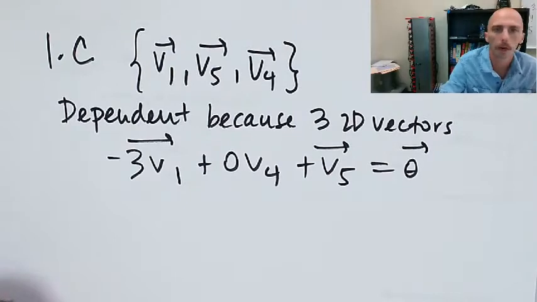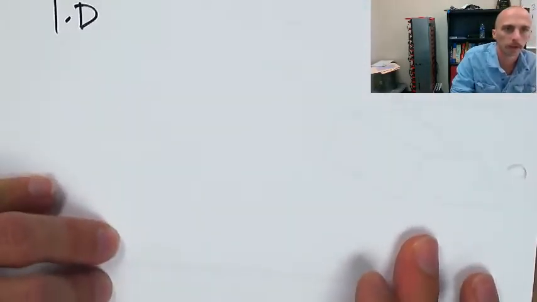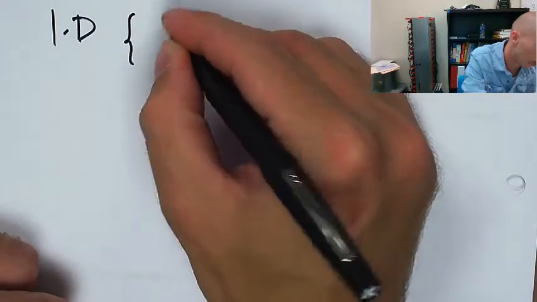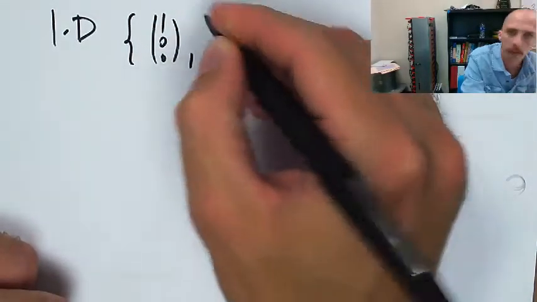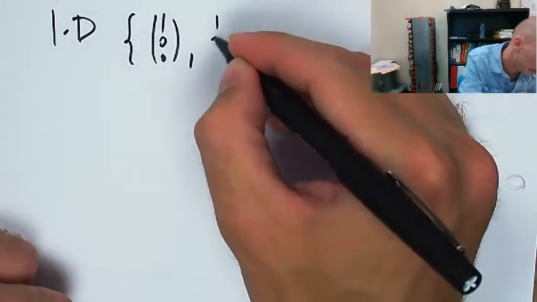So now I'm going to do part D. All right, 1D. And that's U0, U2, and U5. So that's 1, 0, 0. 1, 2, -1.